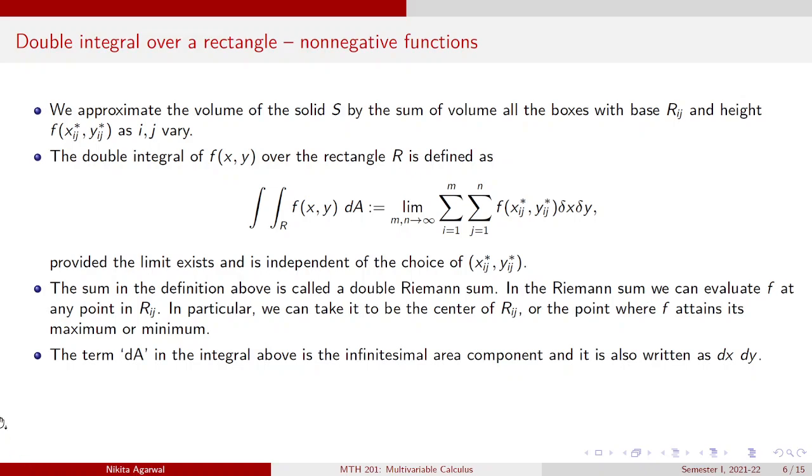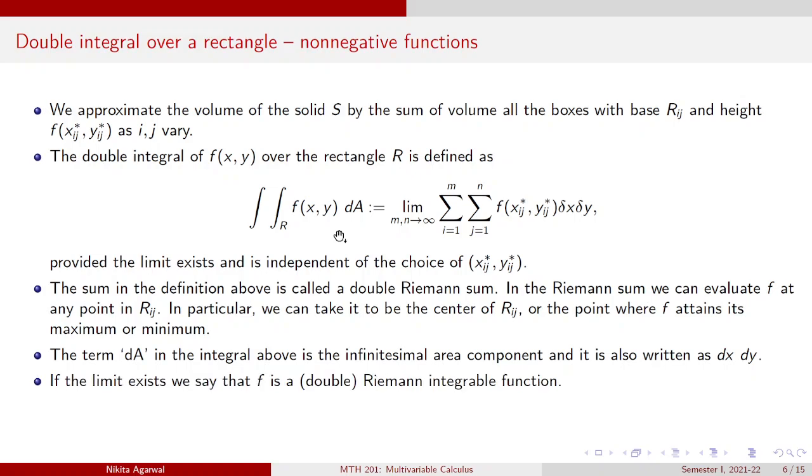So dA is the infinitesimal area component, and it is also written as dx dy. Instead of dA, we could also write dx dy just to emphasize that both x and y are changing. And if the limit exists, we say that f is a double Riemann integrable function.